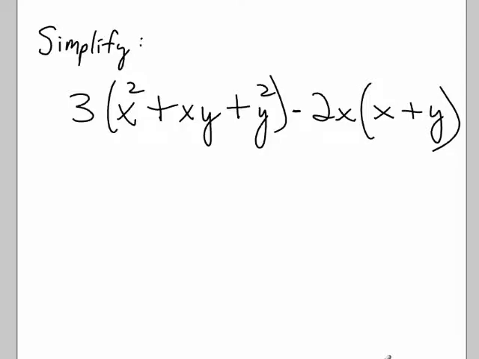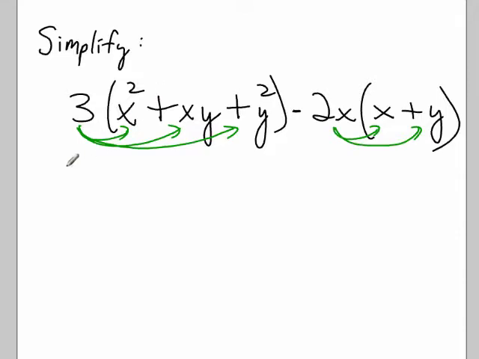Finally, here's an example that involves multiple steps. The first thing we need to do is multiply this constant through to our polynomial, so we will do that via distribution. And then we have minus another section that's multiplied, so we have to multiply this monomial to the x plus y. We do multiplication first.